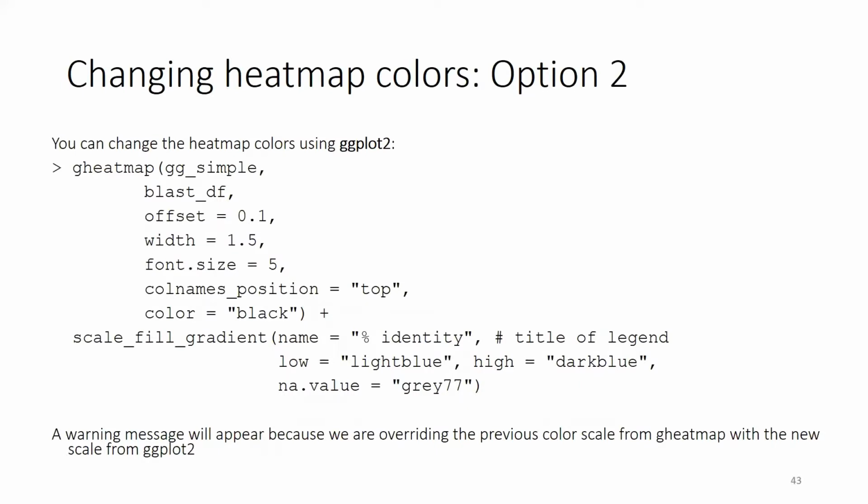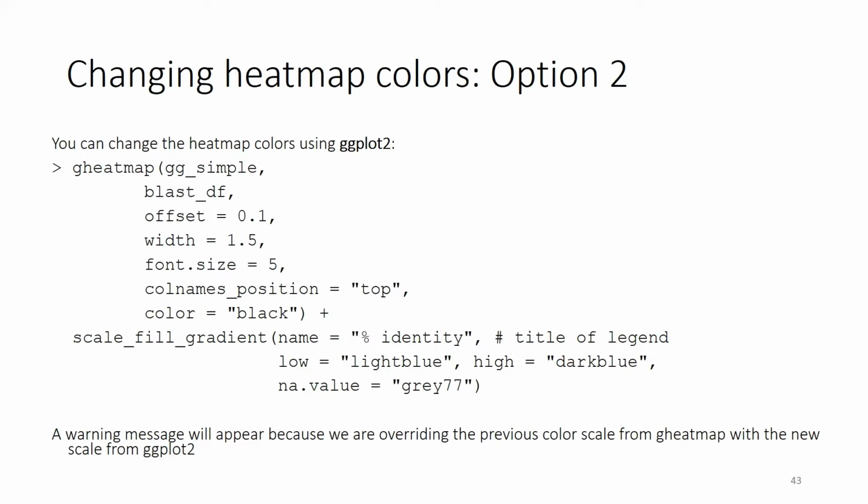There is another way to change the heat map, and that is through ggplot using a scale_fill type argument. I used scale_fill_gradient, although you can also try scale_fill_viridis if you want to use more accessible colors for visual impairment. ggplot doesn't like us to use these multiple fill scales, so there will be a warning message saying it's overriding the previous scale, but it'll just use the most recent scale, and it'll still work.